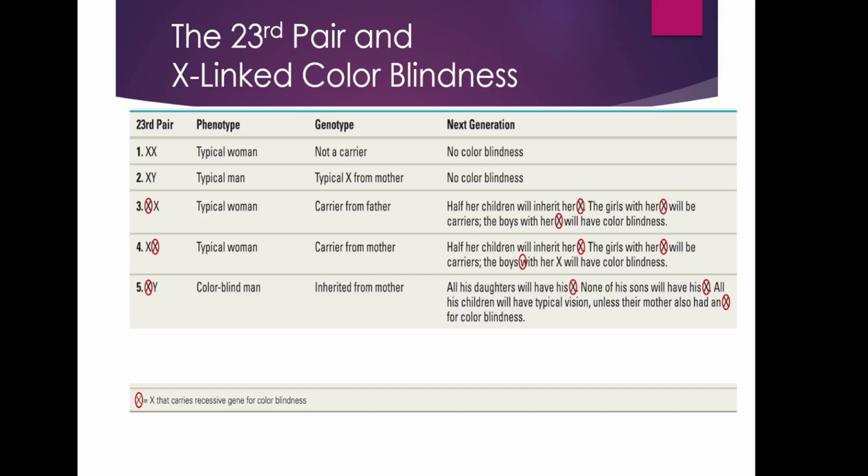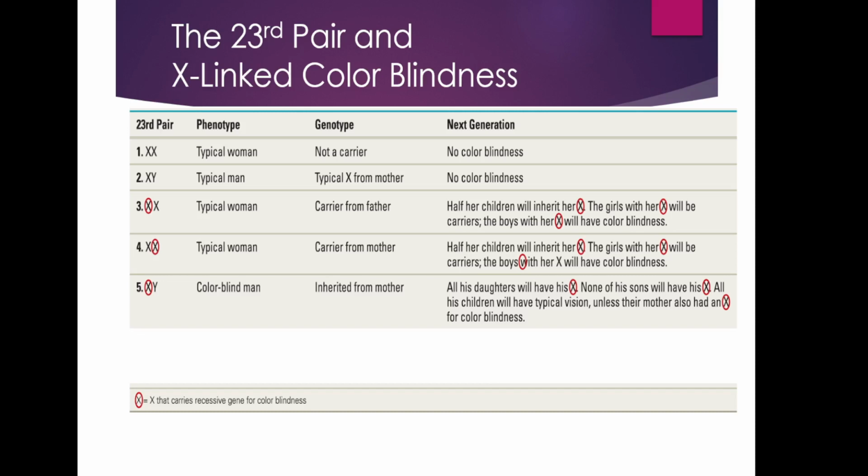But now we have a colorblind man. So he had to have inherited the X with the code from his mom. Men never get their X's from their dads. So the X has to have come from the mom. So he inherited this X chromosome with the colorblindness gene on it, and he will pass this X chromosome on to all of his daughters, so for sure all of his daughters will be carriers.